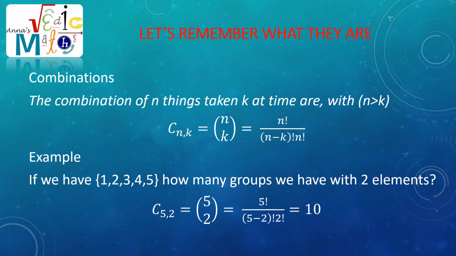We have to find the combination of 5 elements taken 2 at a time. So we have 5 factorial divided by 5 minus 2 factorial and 2 factorial, and that is equal to 10. We use by one less than the one before to do the calculation.